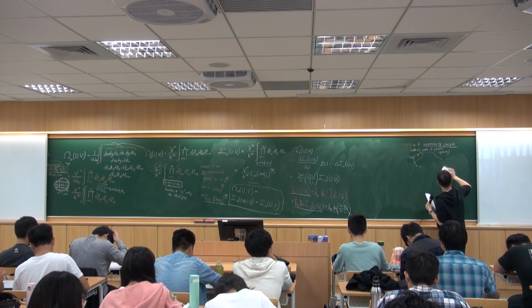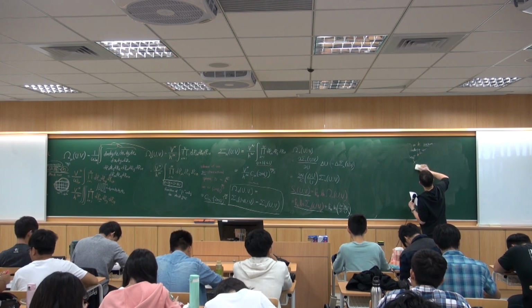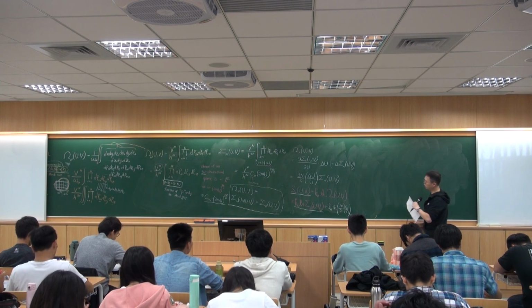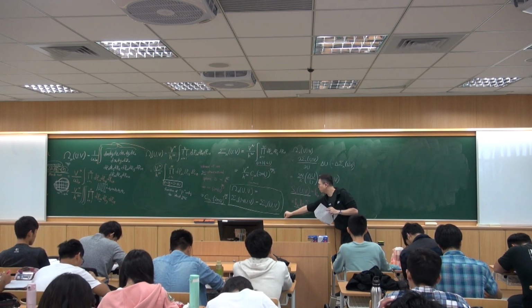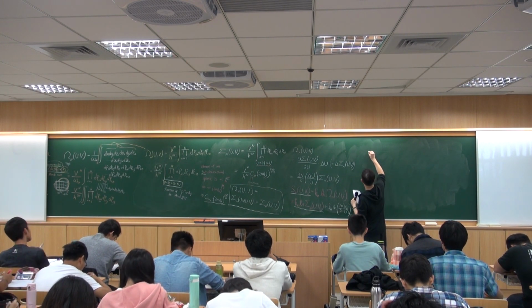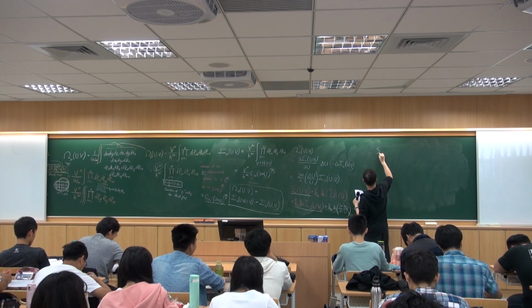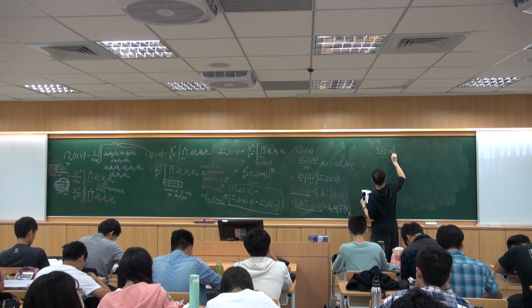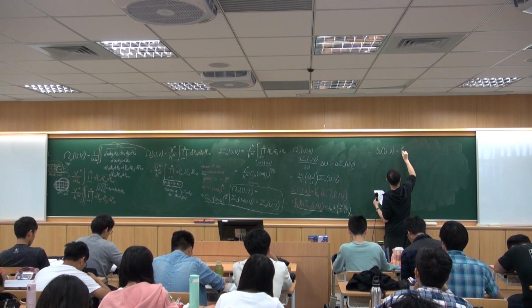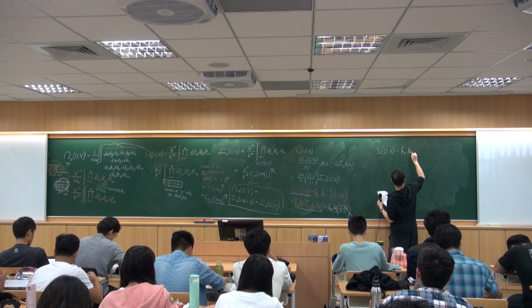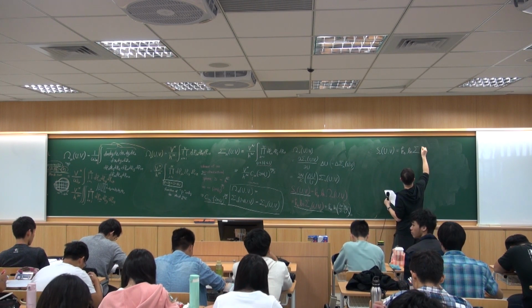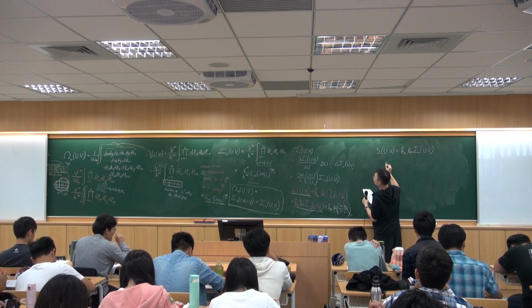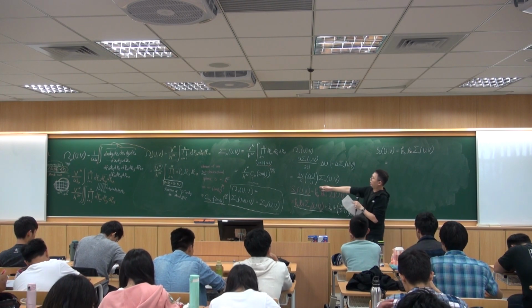So it is only related to U, V, and the number of particles. For an ideal gas, this is KB log this thing. And we know that this is that.